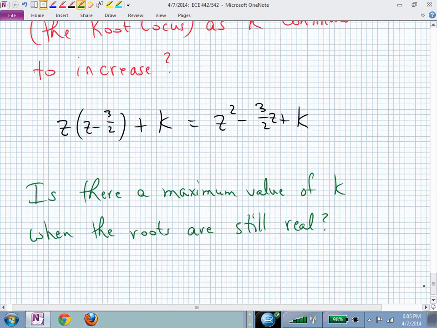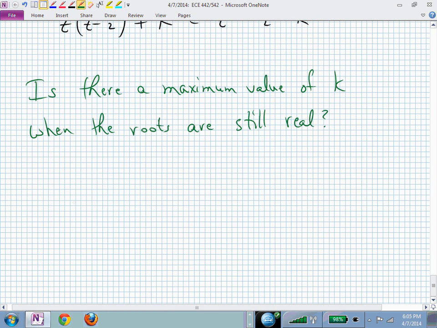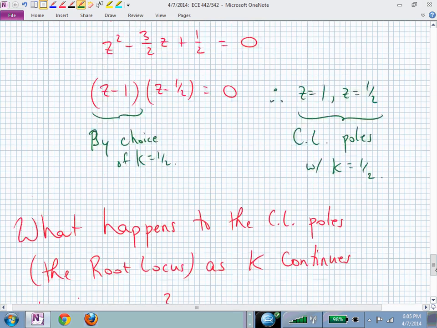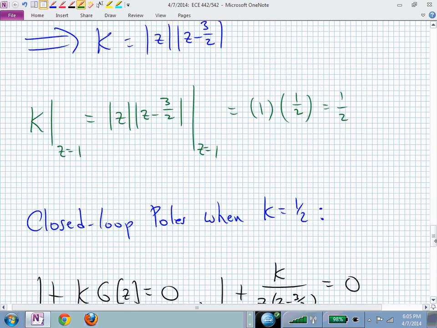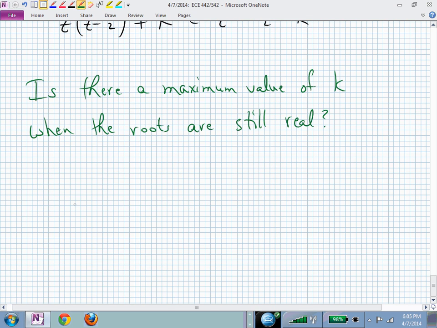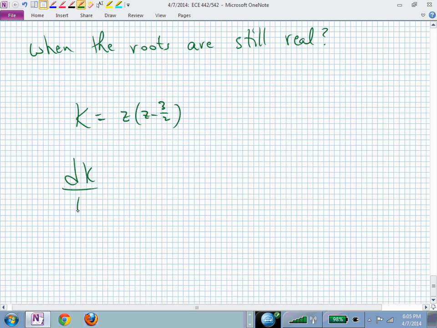So now if we have k equal to z times z minus 3/2, what happens when we do this?